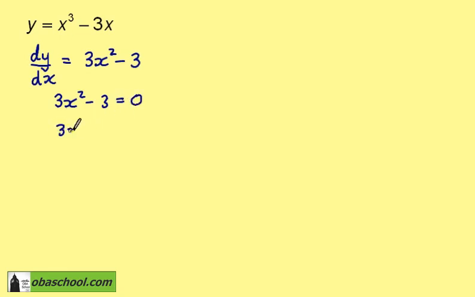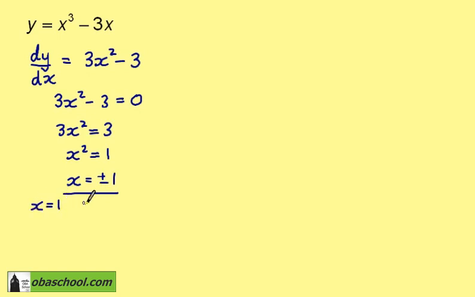We get 3x squared is equal to 3, and dividing by 3 gives x squared is equal to 1. So x is equal to plus or minus 1. We need the y-coordinates corresponding to these points.